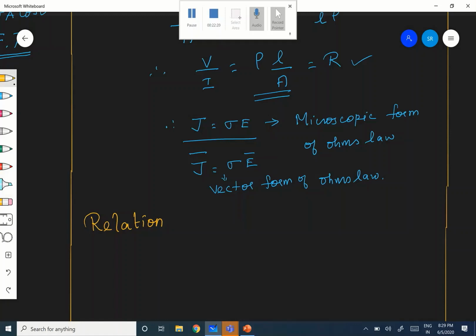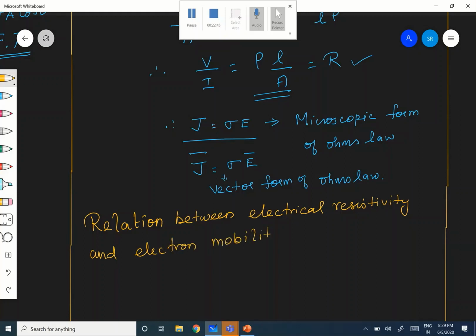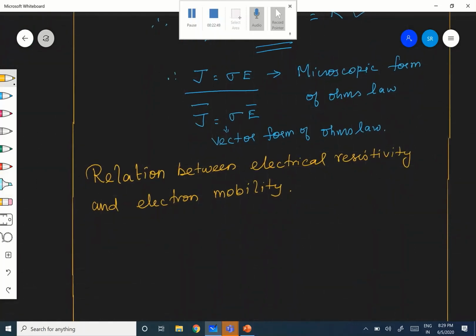All these formulas you have to keep in your tips. The relation between electrical resistivity and electron mobility. Simple.